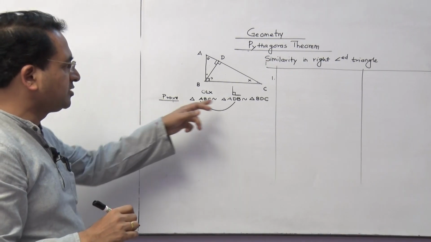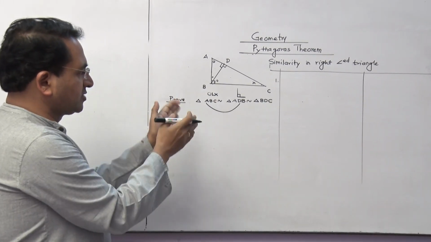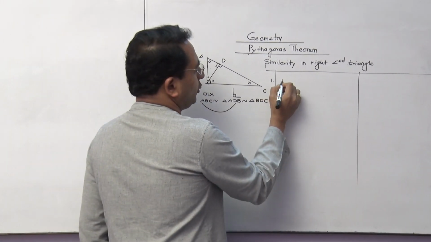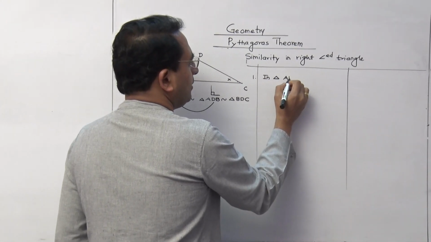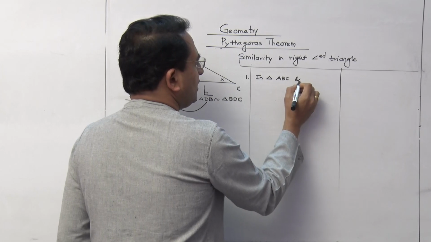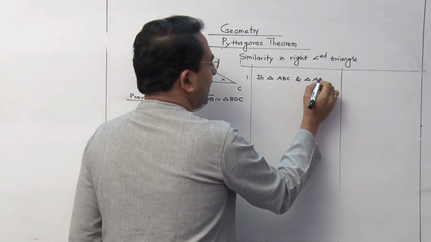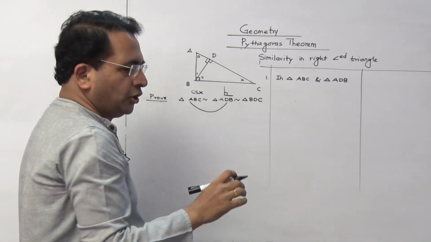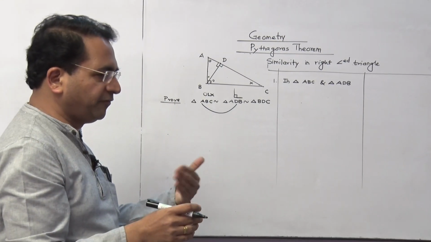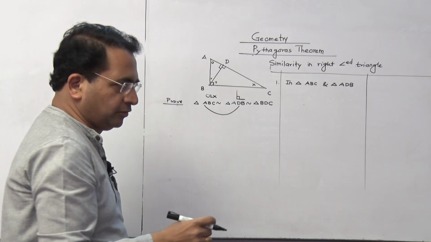We have to take this pair, bigger OLX and the smaller OLX. So I am going to write here, in triangle ABC and triangle ADB. See my explanation. You can complete this proof effectively within 2-3 minutes.